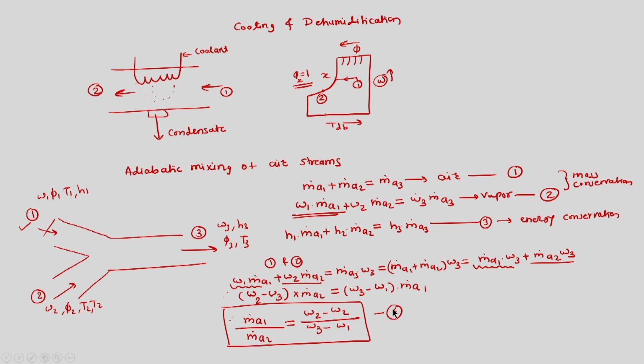This we will name as equation number 4. Now we will go ahead and write down the energy equation. Again consider 1 and 3. We can write down m dot A1 into H1 plus m dot A2 H2 is equal to m dot A3 H3. So we have m dot A1 H1 plus m dot A2 H2 is equal to m dot A1 plus m dot A2 into H3.